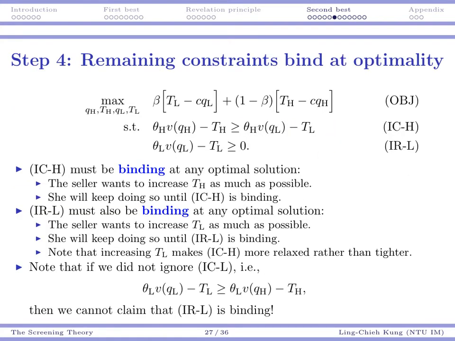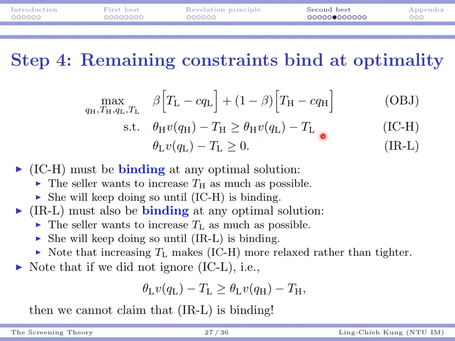With these 2 constraints, I'm going to claim that both constraints must be binding at any optimal solution. So again, binding means that the constraint must hold with equality at this optimal solution. So let's see why. Consider the first constraint.